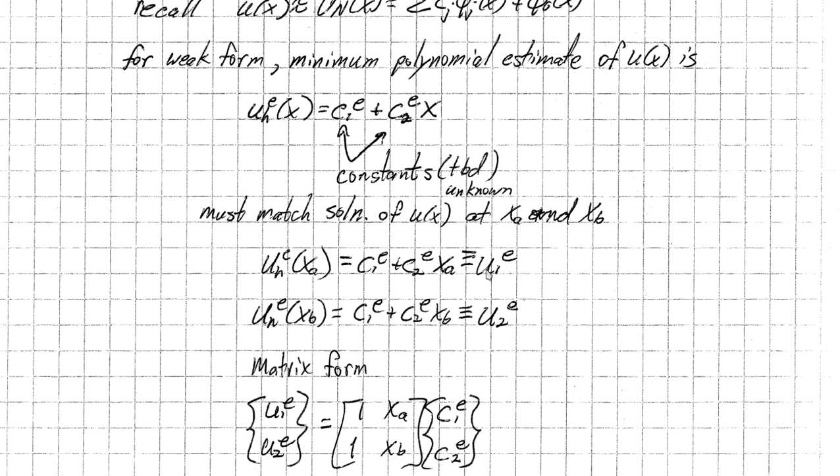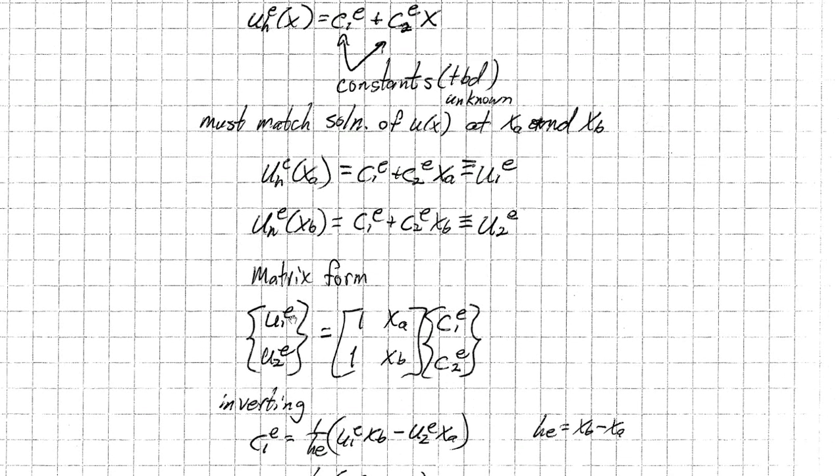It's some unknown value, but we have some finite element solution. Same thing at the other end, you just have XB here. So you can put these two equations into a matrix, and what we don't know are these constants C1 and C2. We're assuming that these will be known from the finite element problem.